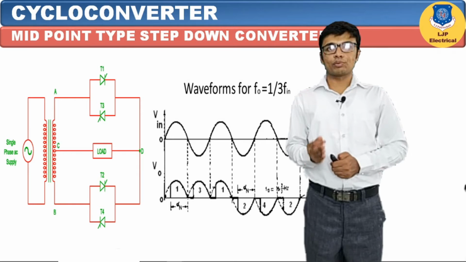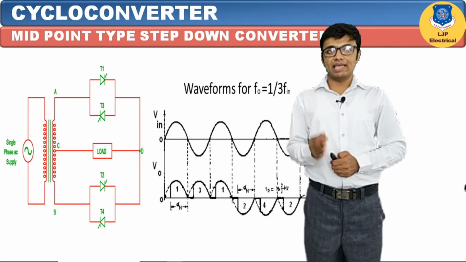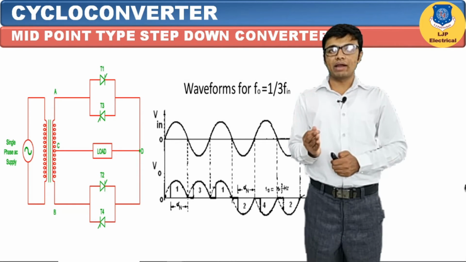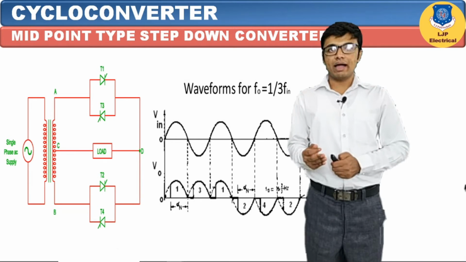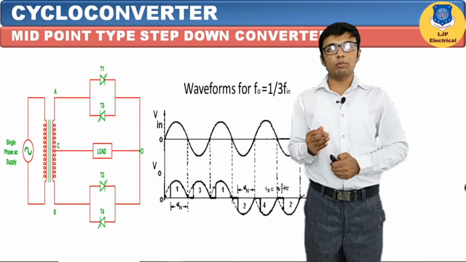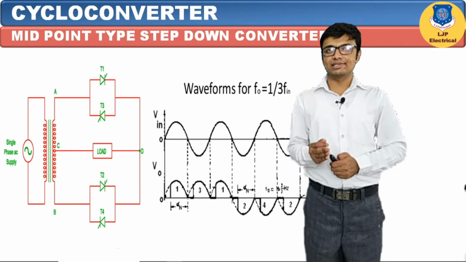During this cycle also, direction of current will remain same in the load, such that it will convert from negative to the positive. Again positive half cycle will come. Again we have to convert positive half cycle into the positive half cycle to achieve desired frequency.